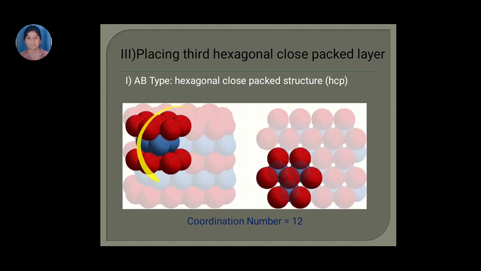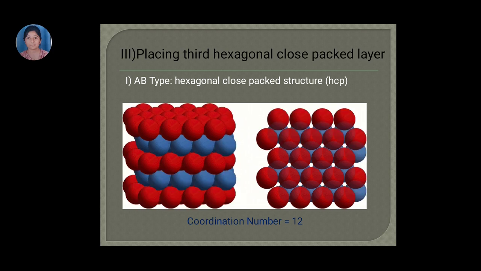So you can see over here that one layer which is of A kind is covered with the second layer which is of B type, that is again covered with A type layer. If you see this first layer and third layer, they are exactly similar in structure, right? They look exactly same, because this atom is overlapping with this atom is overlapping with this. That is why they both are A type.